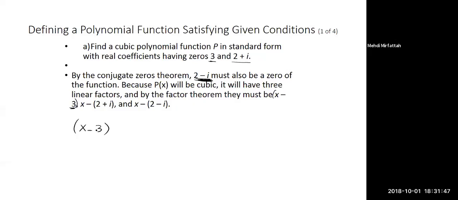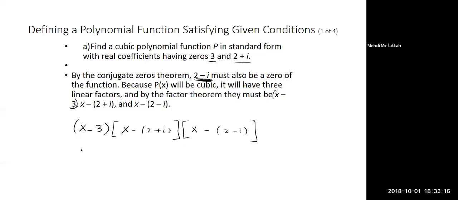That's my solution, or zero. If 2 plus i is one of my zeros, then x minus (2 plus i) must be one of my factors. Since I know 2 plus i is one of my zeros, 2 minus i must be one of my zeros, then my other factor would be x minus (2 minus i).